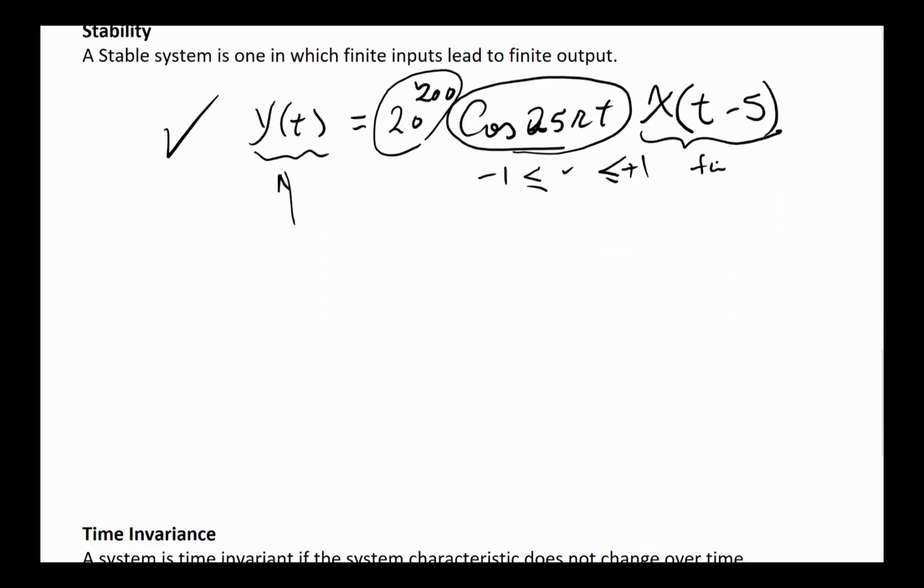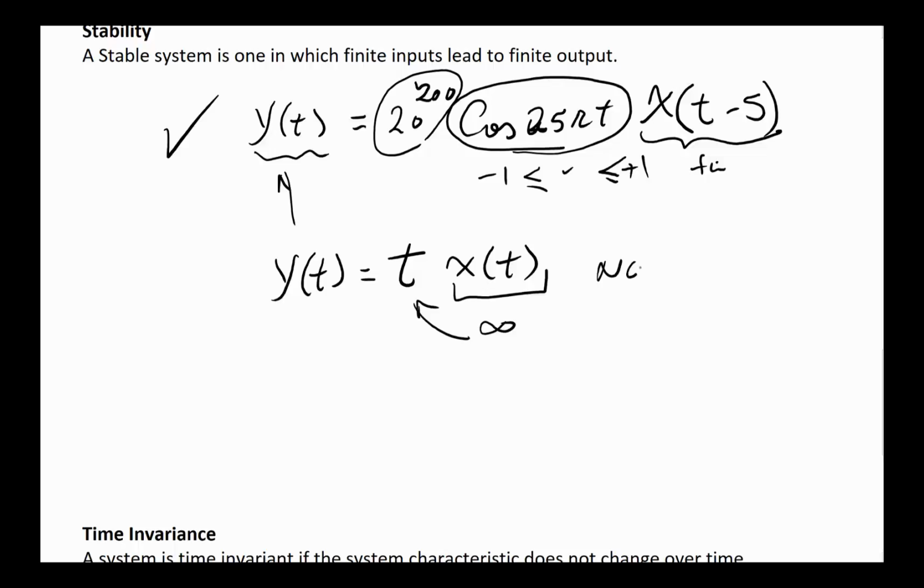So what does an unstable system look like? If I take y of t equal to t x of t, something really simple, yes, I'm putting in a finite value, but what if t is infinite? Then the output is infinite. So this is a non-stable system.